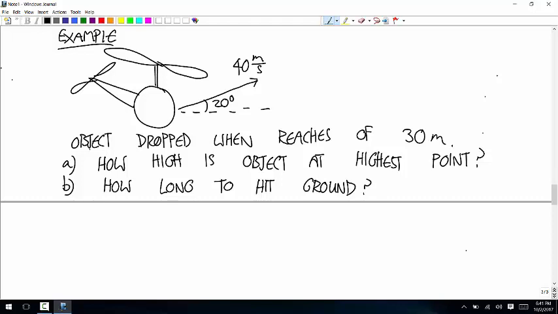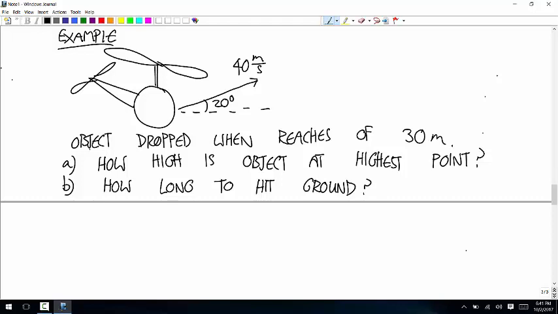But actually, if you think about the fact that the helicopter is moving at 40 meters per second, 20 degrees above horizontal, this is going to behave exactly the same way as if you took an object from some kind of launcher that's at rest at that point and launched this object at 40 meters per second, 20 degrees above horizontal.